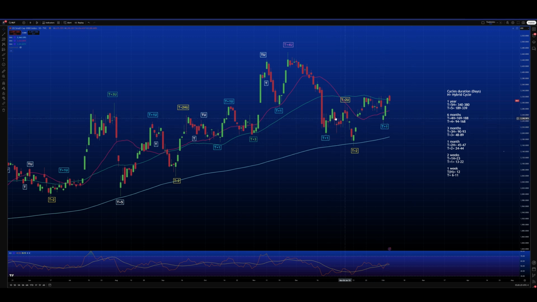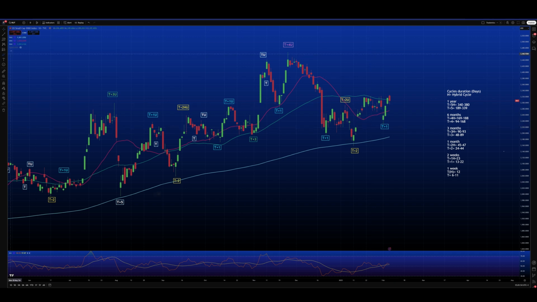Now, regarding the Russell 2000, we have a different situation compared to Standard & Poor's, Nasdaq, and Dow Jones, because from this top here to this top here, we have added 26 bars. But from this top here to this top here, so from the top of the 3rd of January until yesterday's top, 6th of February, we have 21 bars.